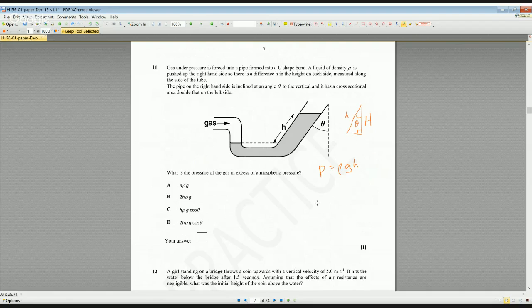So capital H, if you do some trigonometry, you'll find is equal to lowercase h cos theta, which means that the pressure is equal to rho G H cos theta, which would be this one here, answer C. There's nothing more complex than that. It's simply using the equation that's given to you on the formula sheet and recognizing that the height has to be the vertical height, so finding the vertical height.